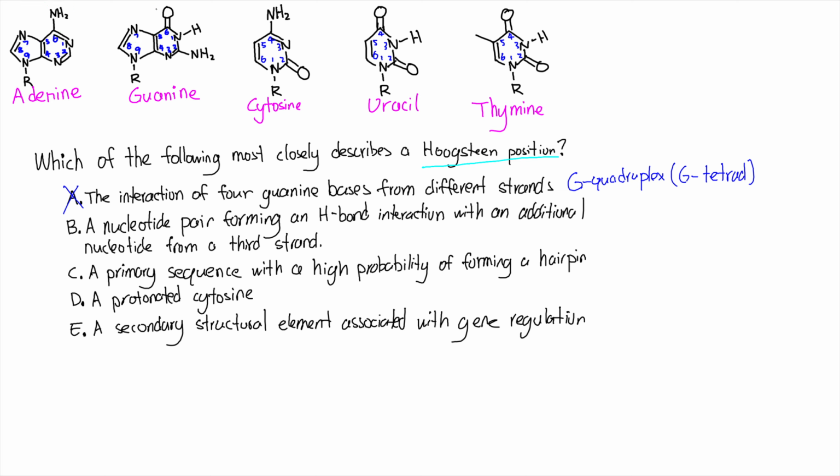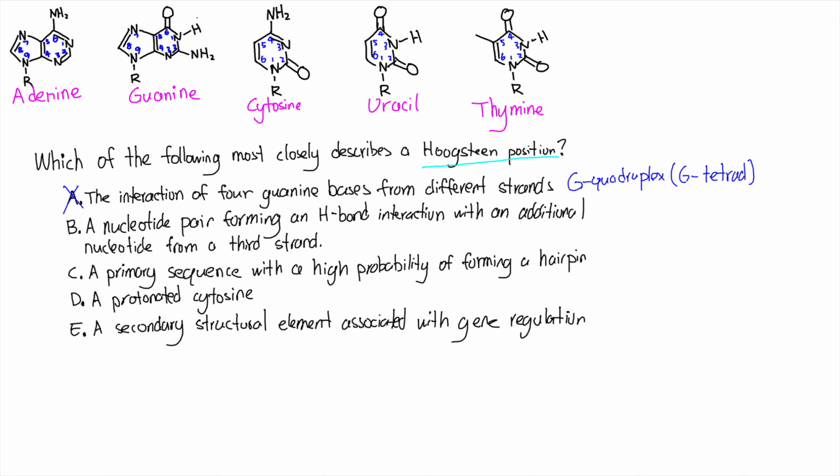So those are the Hoogsteen faces, and those faces are where an additional nucleotide from a third strand can slide into the major groove and form hydrogen bonds with the Hoogsteen face of an existing Watson-Crick base pair.